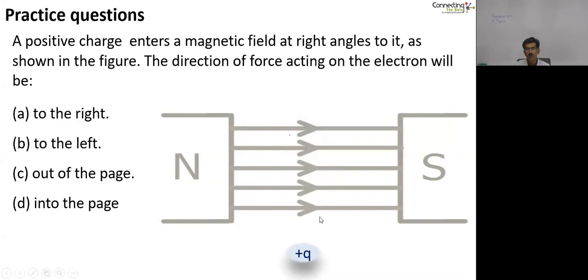Now, if you were to use Fleming's left-hand rule, then you can see that your index finger has to point in the direction of the magnetic field. Your middle finger, this is the index finger, the middle finger has to point in that direction because that is the direction of the moving charge or the current, moving positive charge, right?